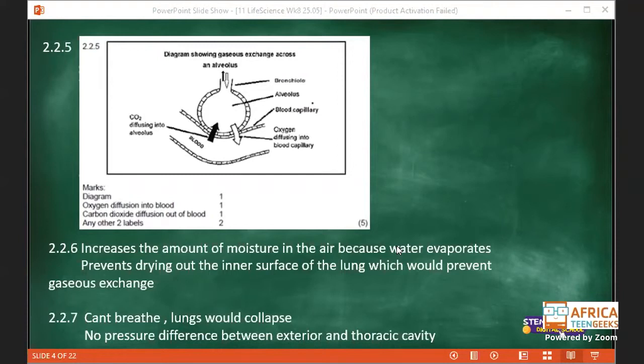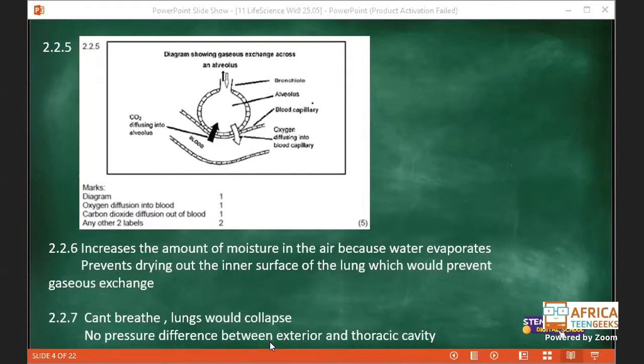Okay, and then question 2.2.7, whose answer has already been released. It says a person's thoracic wall is punctured during a motor vehicle accident. Explain how this injury will affect the breathing process. Firstly, the person won't be able to breathe, the lungs will collapse, and we'll have no pressure difference between the exterior, which is our atmospheric pressure, and your thoracic cavity.